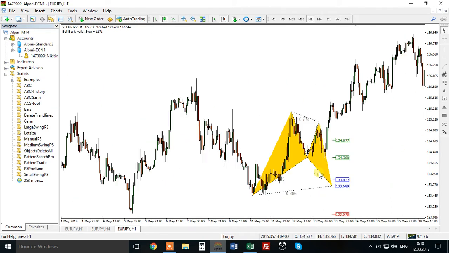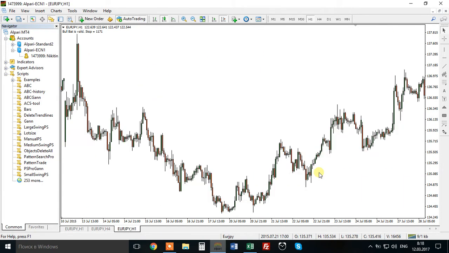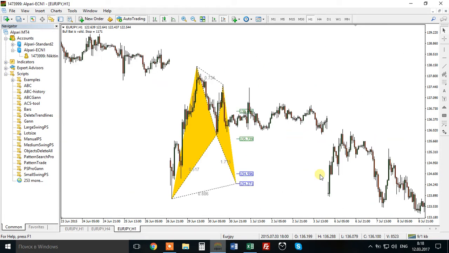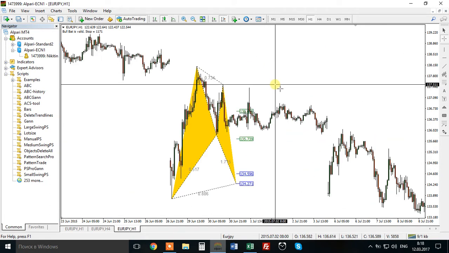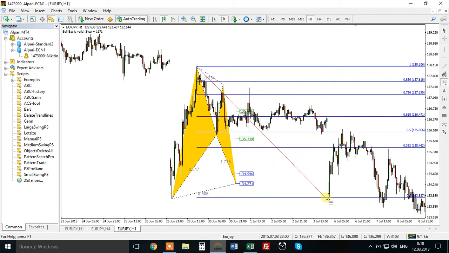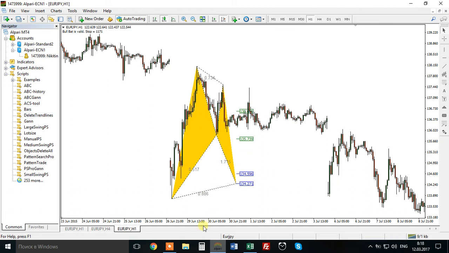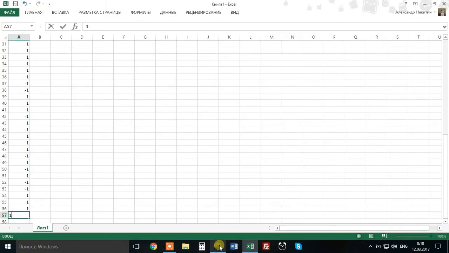Going next, invalidated, sorry, the C point was not invalidated. Once again executed lower, and then we had the reaction, closing the gap, hitting our targets. A winner.